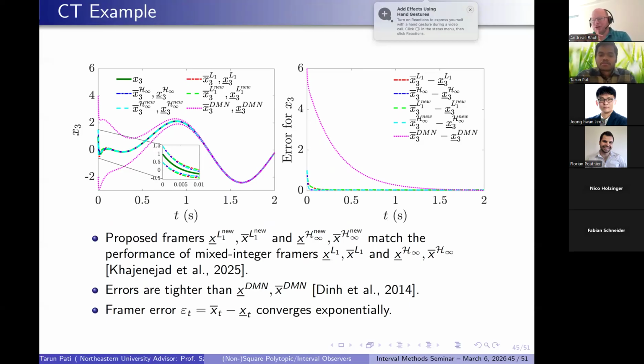Is it an extension of a Luenberger observer as an interval framer, or was it a TNL observer? Do you know that? Otherwise, I have to look it up. It may take a minute. It's an extension of a Luenberger observer.